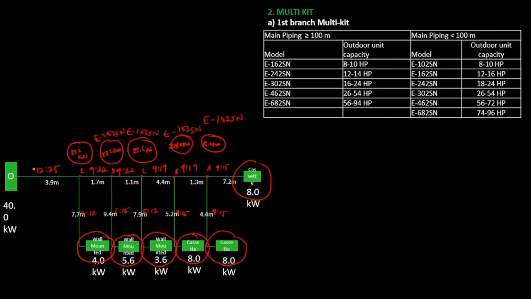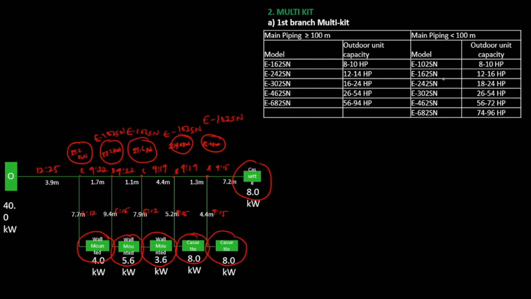To determine the right multi-kit at branch E, I said we'll use this table. We know that the length of the pipe between the outdoor units and the first branch is 3.9 meters, which is less than 100 meters, and the capacity of the outdoor unit is 14 HP. That's 40.0 kilowatts, the same as 14 HP.